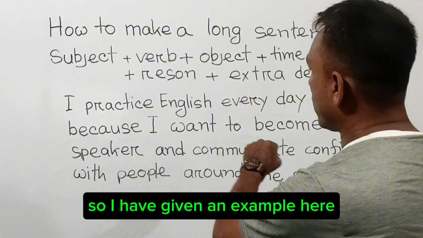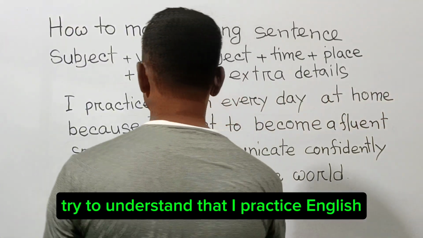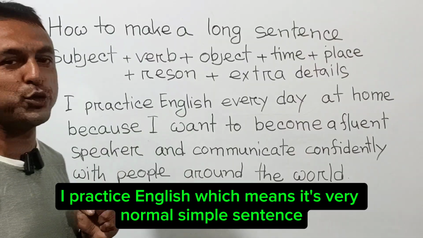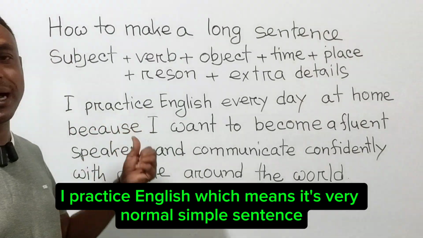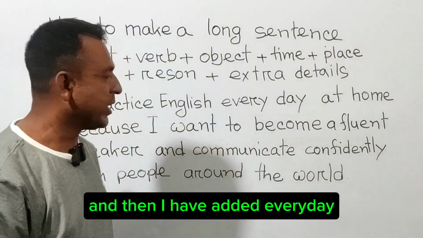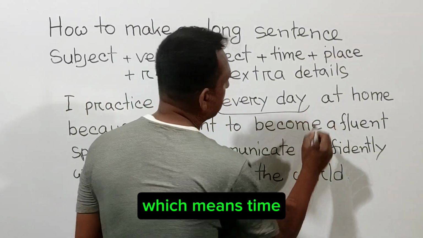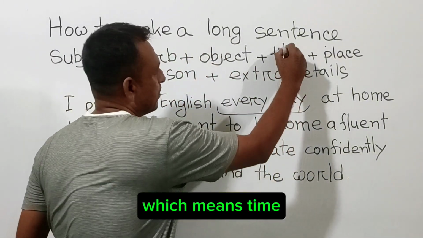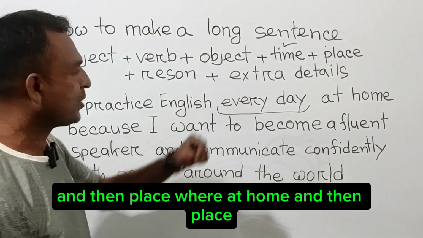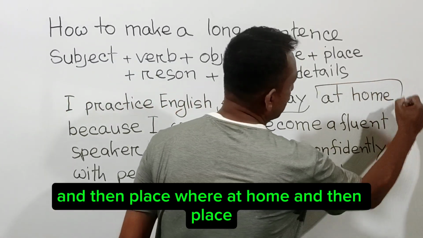So, I have given an example here. Try to understand that. I practice English, which means it's a very normal, simple sentence. And then I have added every day, which means time: I practice English every day. And then place, where, at home.